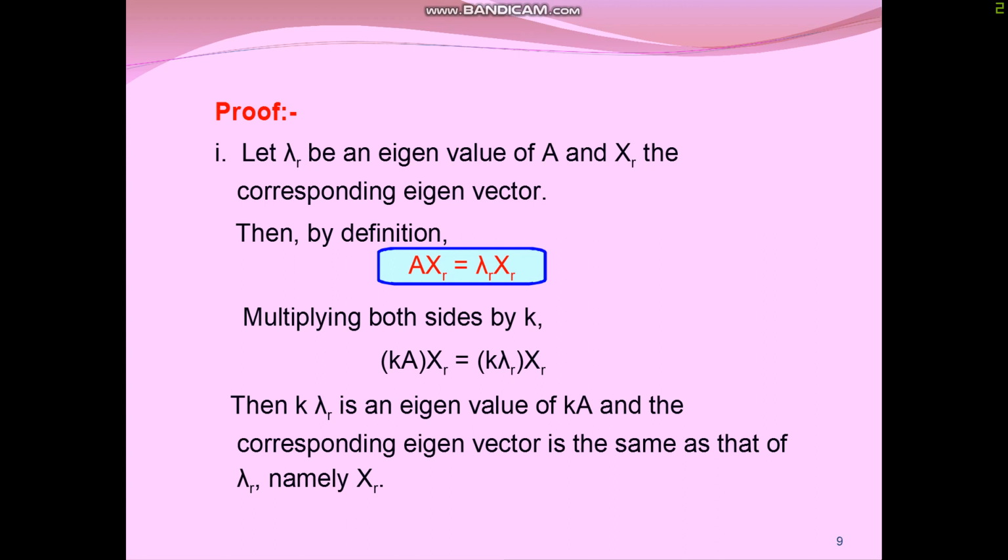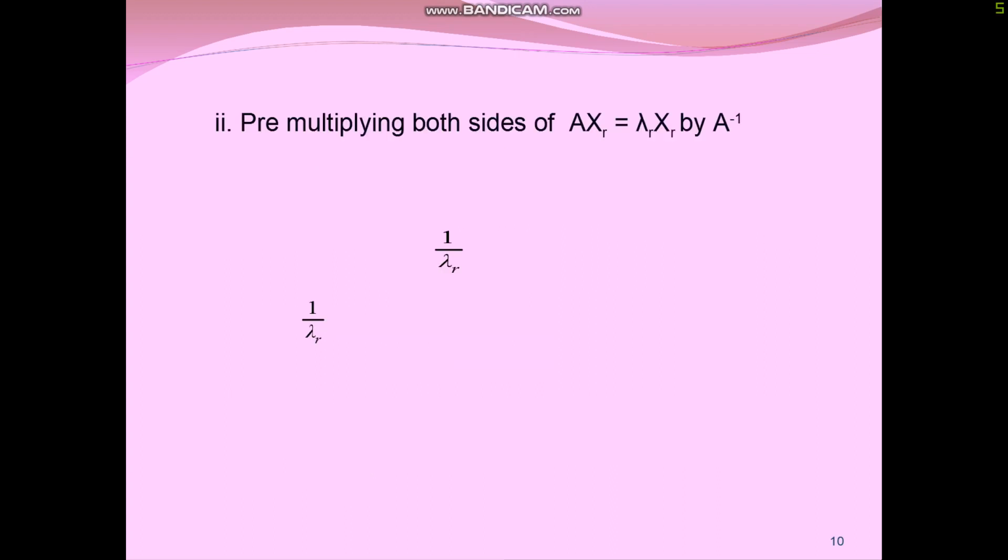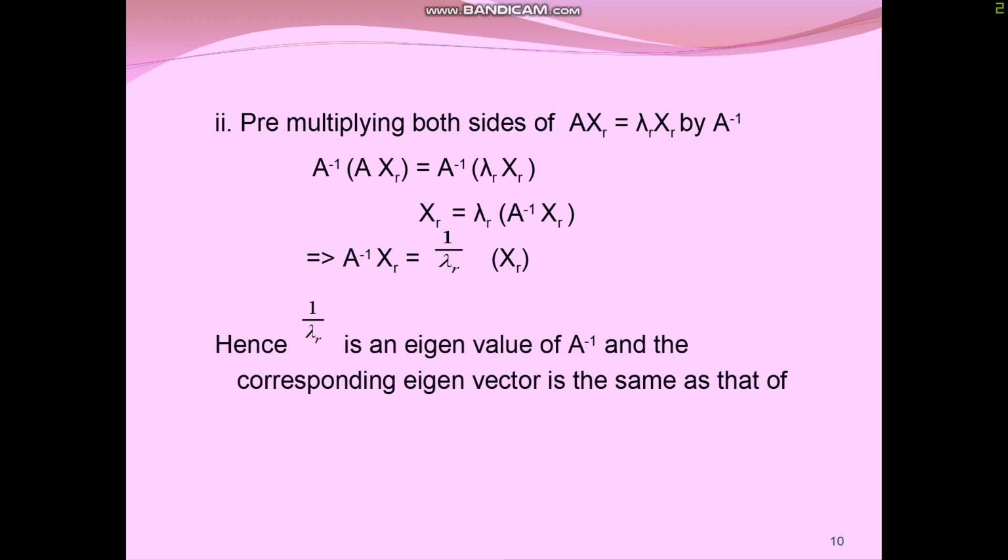Now k lambda is the eigenvalue of kA and the corresponding eigenvector is the same as that of A. Pre-multiplying both sides of Ax equal to lambda x by A inverse, we get x equal to lambda A inverse x. Now A inverse x equal to 1 by lambda x. Hence 1 by lambda is the eigenvalue of A inverse. The corresponding eigenvector is the same as that of A.